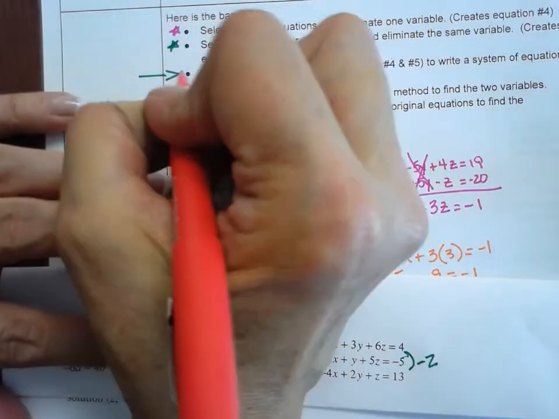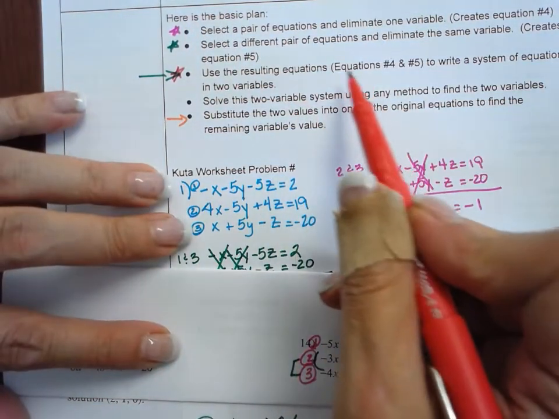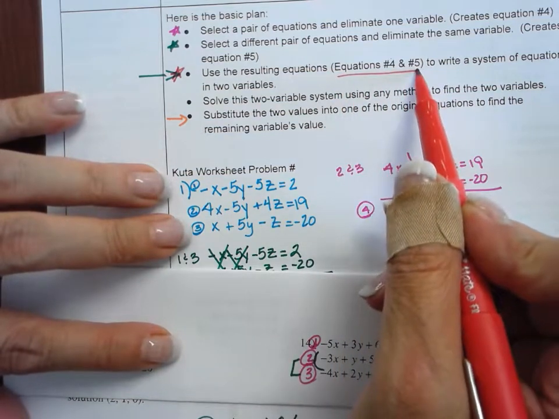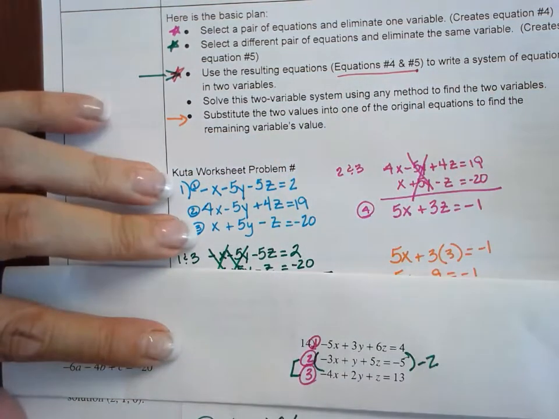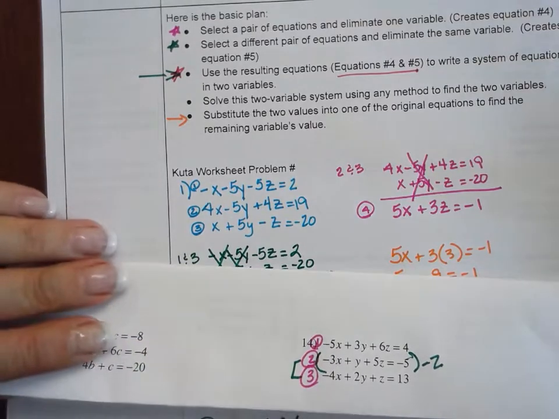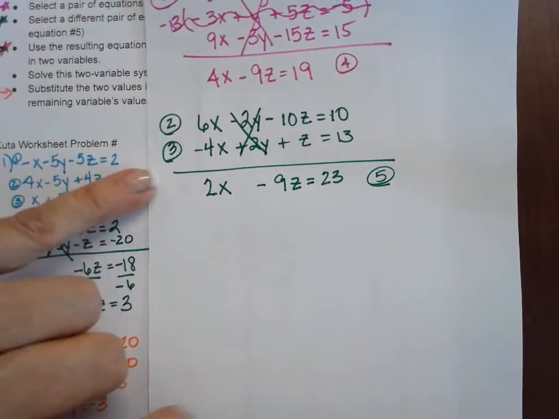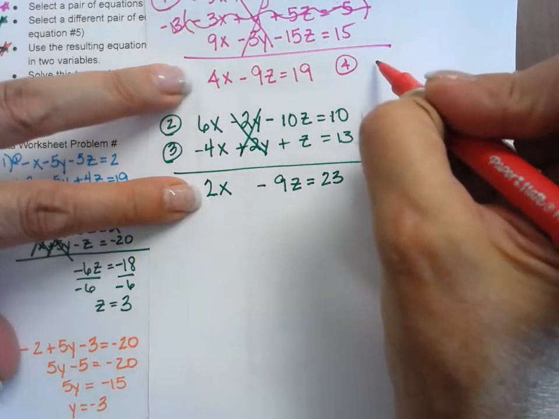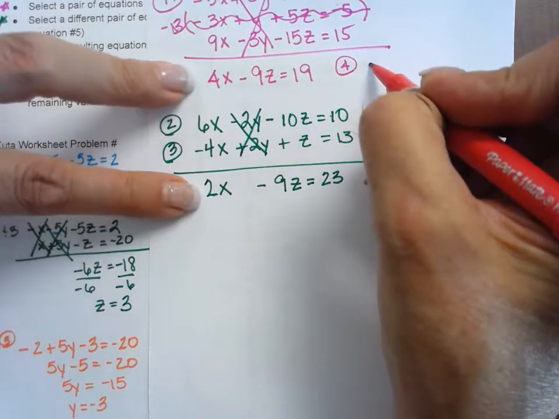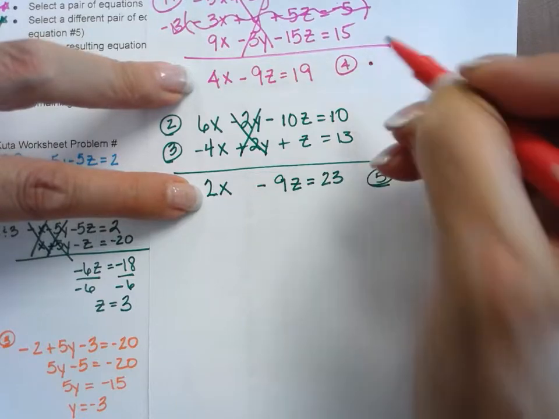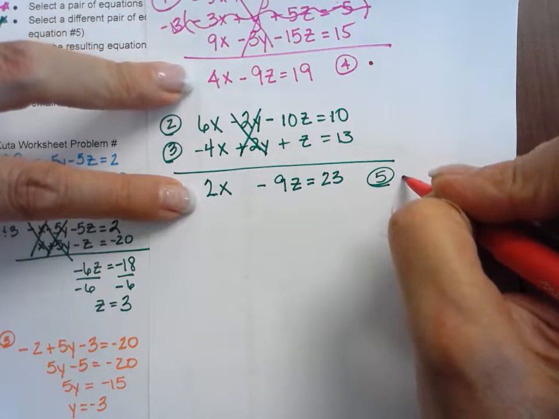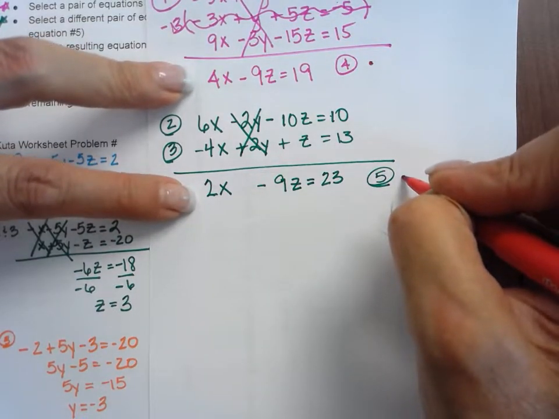Now the next step, I'm going to use equations 4 and 5 to do my system of 2 variables. So equation 4 is 4x minus 9z equals 19. And equation 5 is 2x minus 9z equals 23.